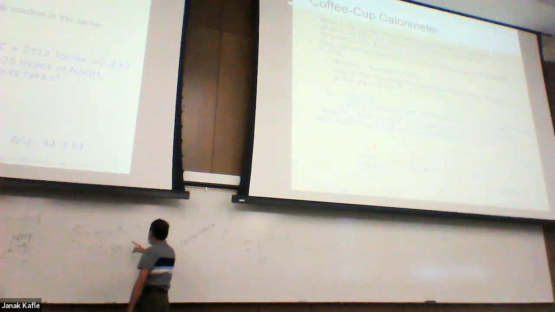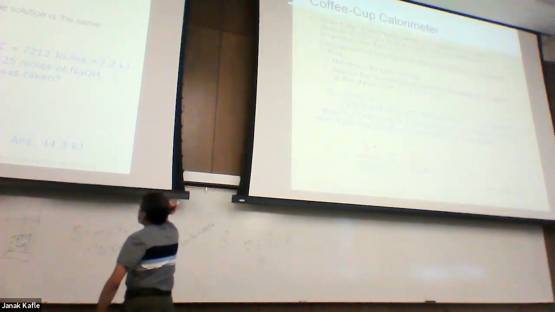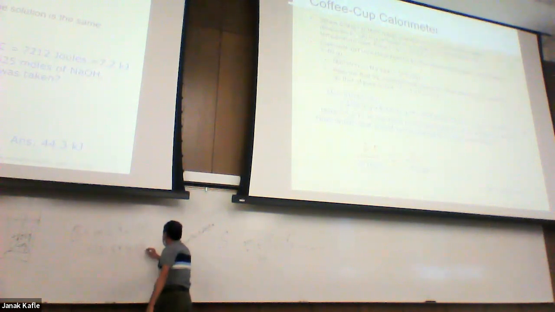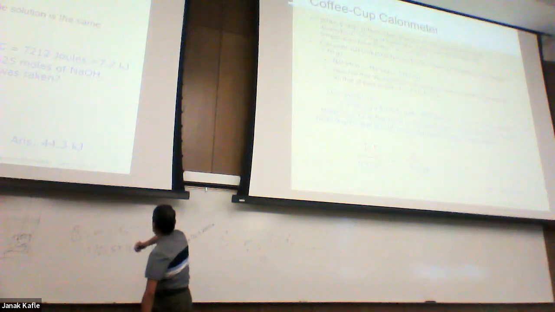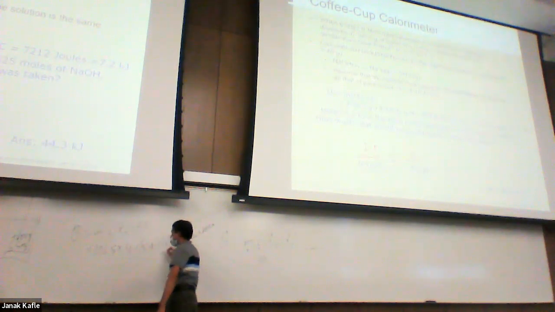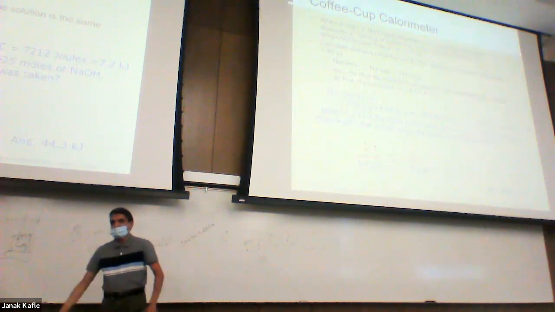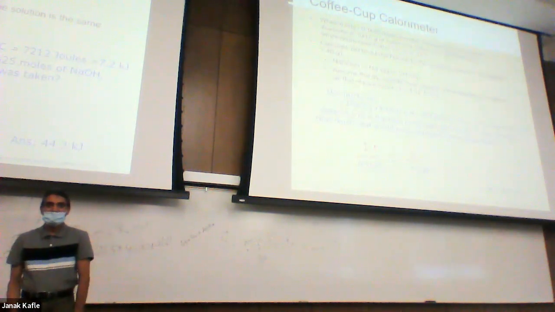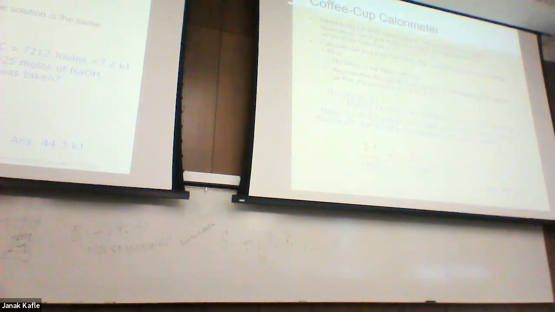The temperature change is from 21.6 to 37.8, so 37.8 minus 21.6. Just calculate this, whatever amount of heat you get, that's the amount of heat it releases. Makes sense? What it is asking here is to calculate the delta H as kilojoule per mole of NaOH.